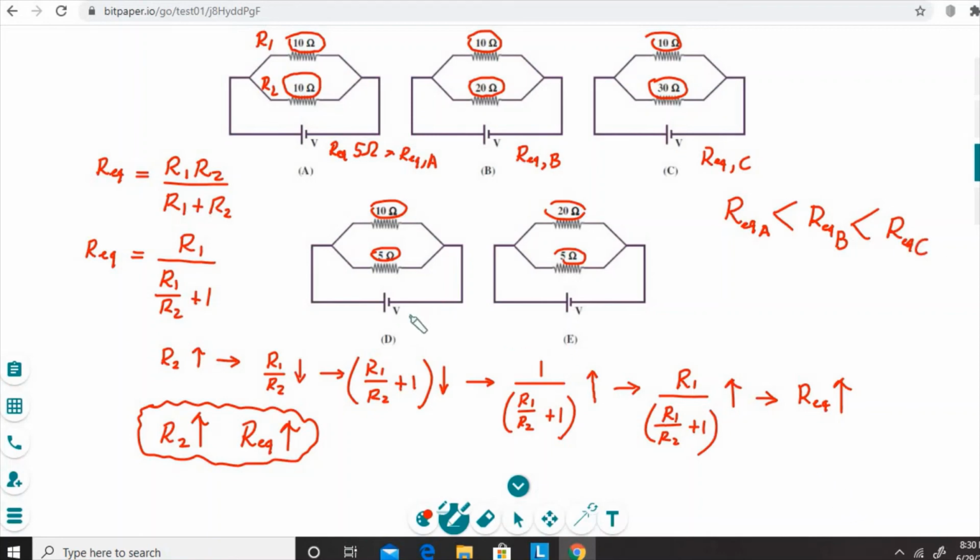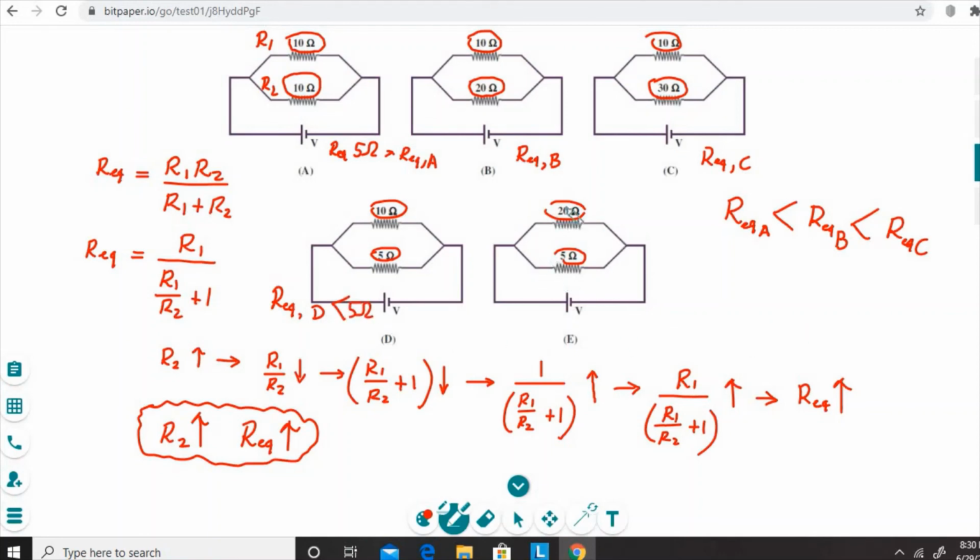Now similarly for D and E, we know that this resistance is less than 5 ohms. So R equivalent D is less than 5 ohms.